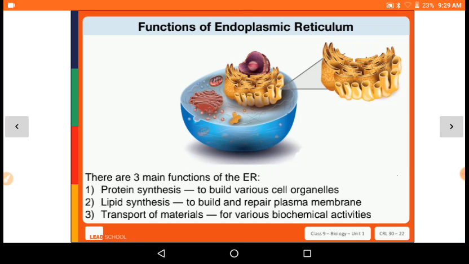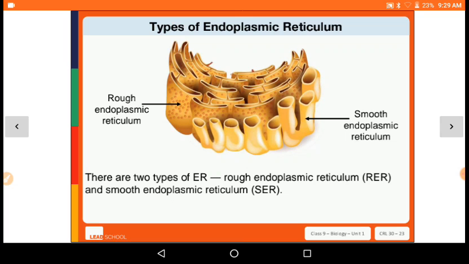And it has three functions: protein synthesis, which will build the cell organelles. The second function is lipid synthesis, which will build or repair the plasma membrane. And third is to transport all the materials for biochemical activities. And we saw two types of endoplasmic reticulum: SER and RER, smooth endoplasmic reticulum and rough endoplasmic reticulum.